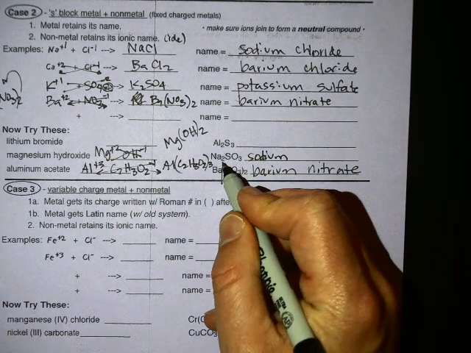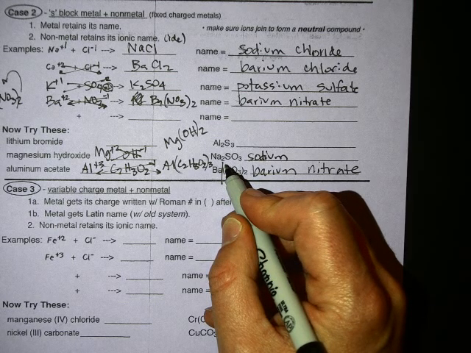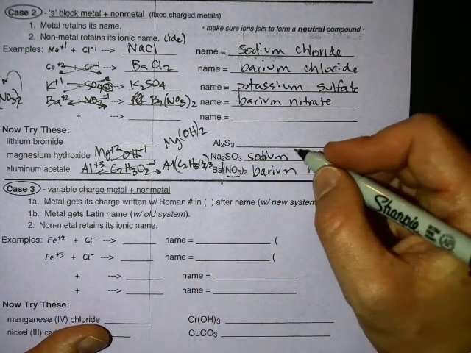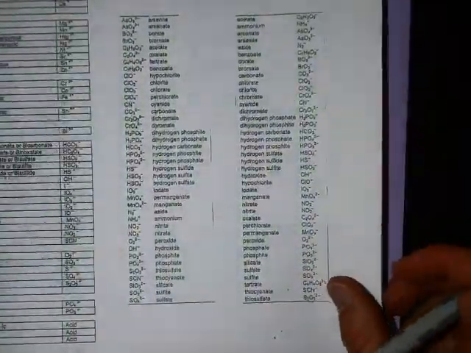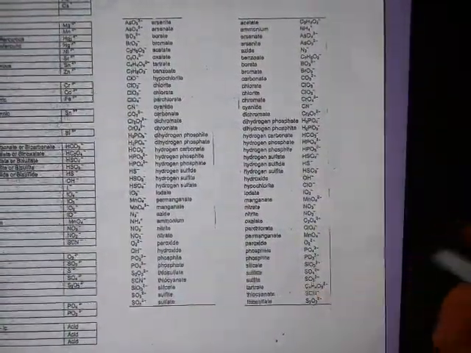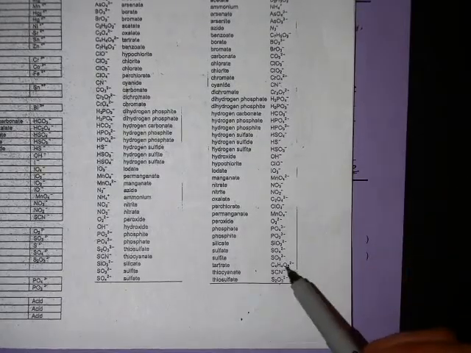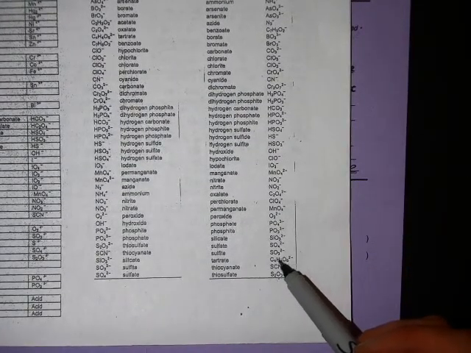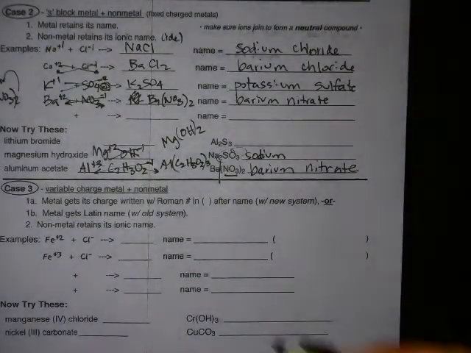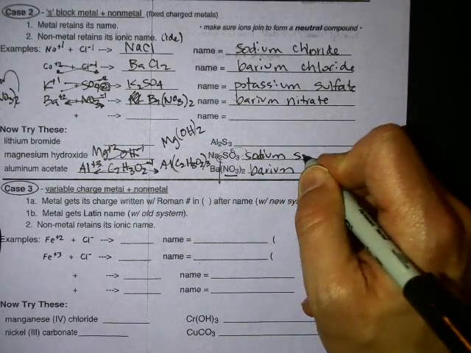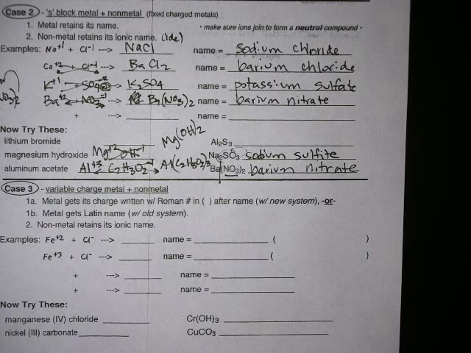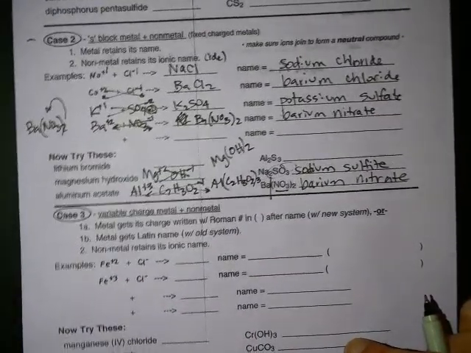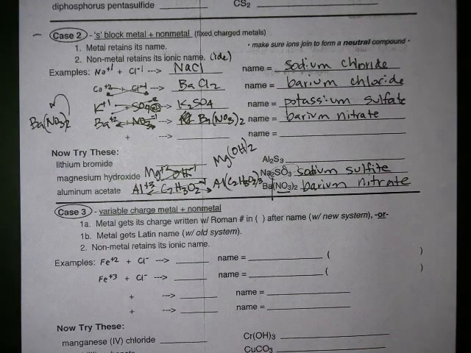Does it matter that it says 2 there? Nope, not for naming. And then SO3. Now we've got to find SO3 on this piece of paper. And SO3 is down here. SO3 has a -2 charge. Again, that's not really important, but you can see that it's written as sulfite. So we call it sodium sulfite. Done. That's it. Questions about some of the new things there?